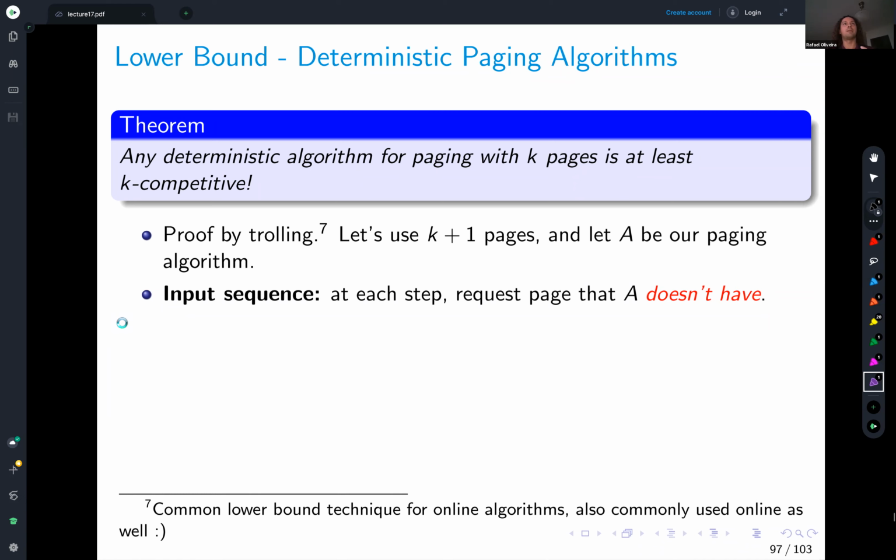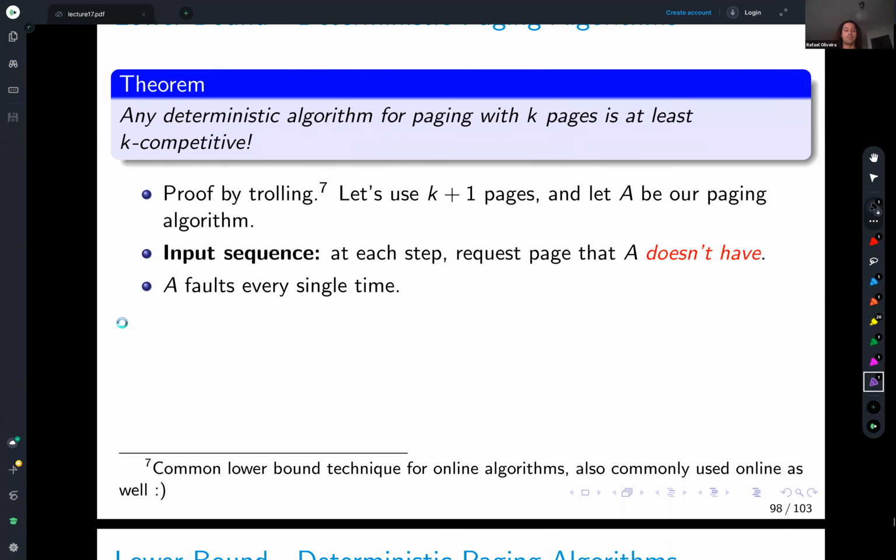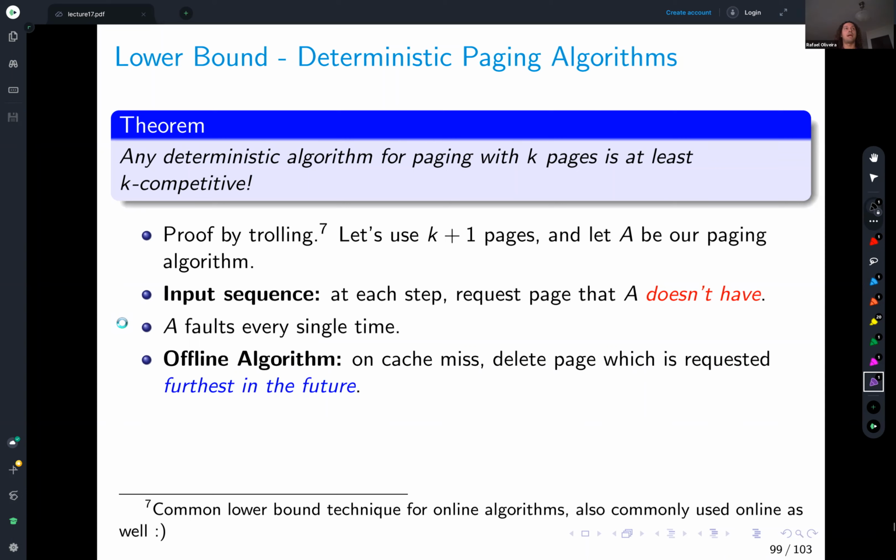Okay, that's the intuition behind the trolling, right? So really trolling the algorithm A. Now what happens? A will fault every single time, right? Now, what is the offline algorithm? Well, the offline algorithm will just, on a cache miss, delete the page that is requested furthest in the future.